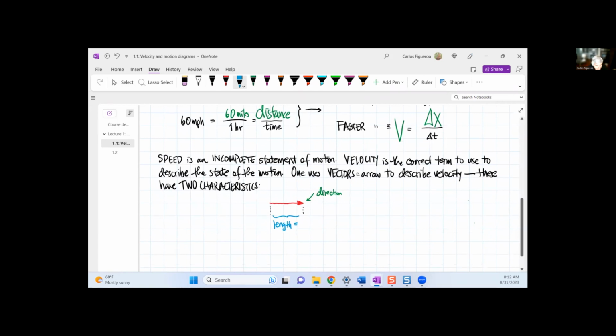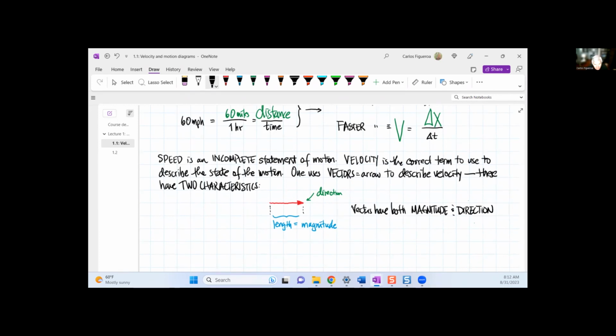And in mathematics, this is called a magnitude. So what we know here is that vectors have both magnitude and direction.